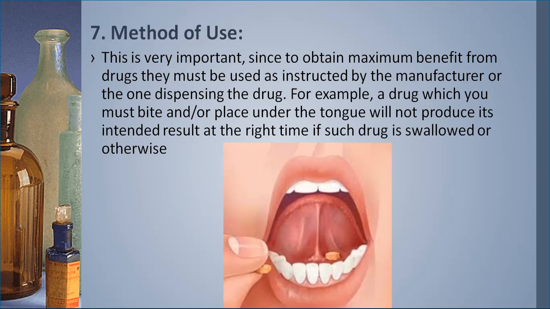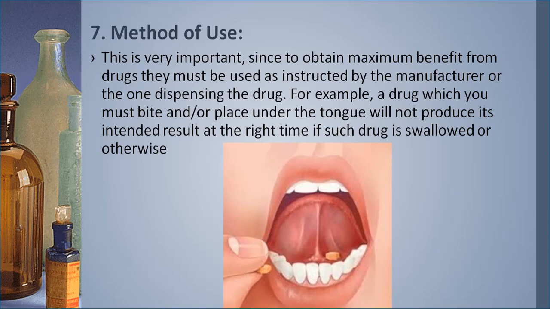Later, we are going to be doing routes of drug administration, and I'll show you a lot of this. Assuming this patient has come for sublingual medicines, which means they should put it under their tongue, and the patient swallows the medicine, it will not work. If the patient comes with a vaginal infection and we give a medicine to insert into the vagina, but when dispensing we just ask the patient to insert, and they insert it into their anus, the medicine wouldn't work.